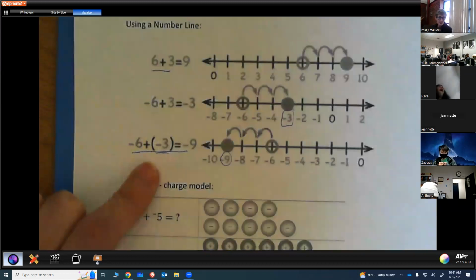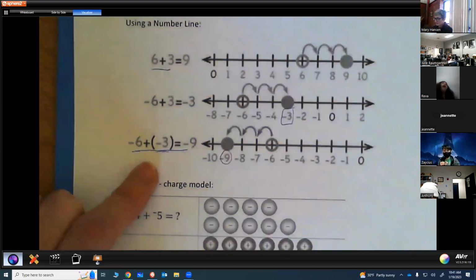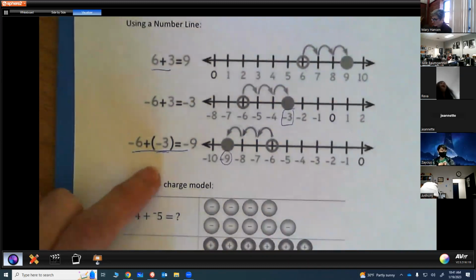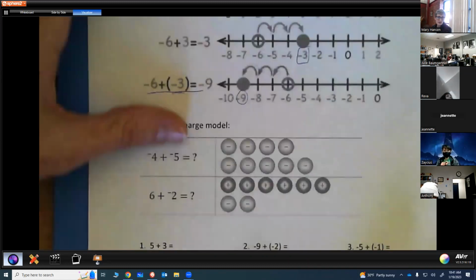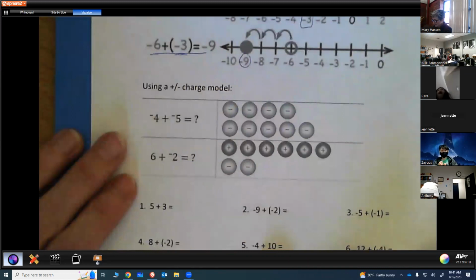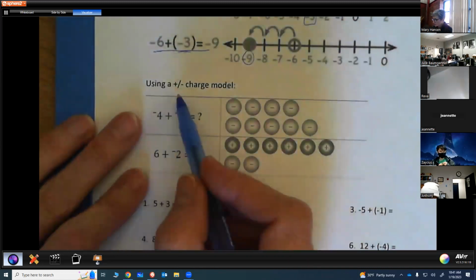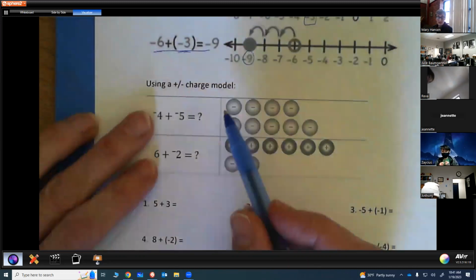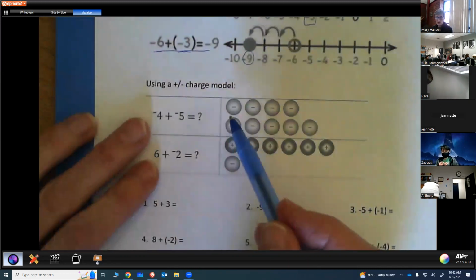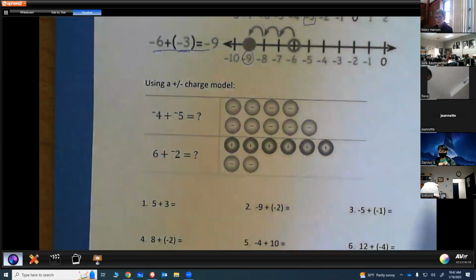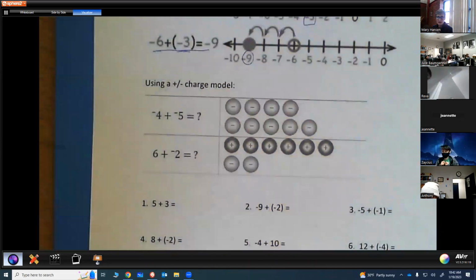I want to show you a different method because for some of you who are more visual learners, one of these methods might make a little more sense to you. Another method is called the positive and negative charge model. If you think about electricity having a positive charge and a negative charge, and if you have one positive and one negative, anybody know what happens?